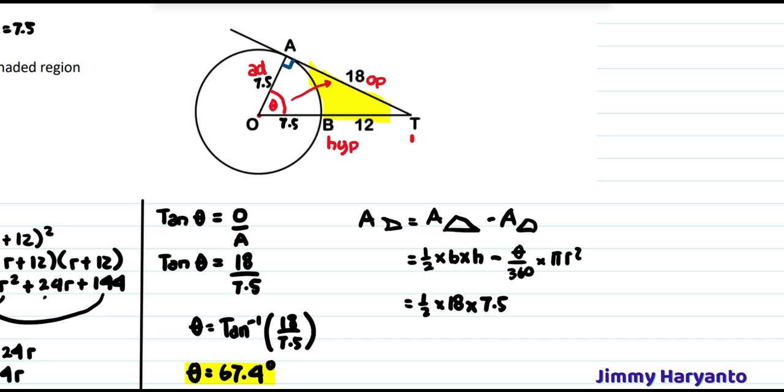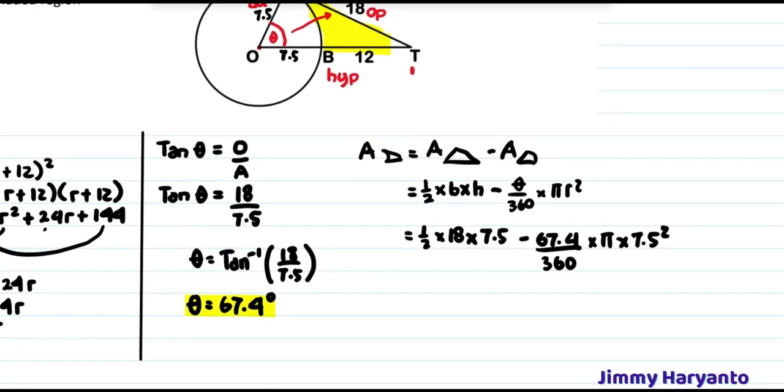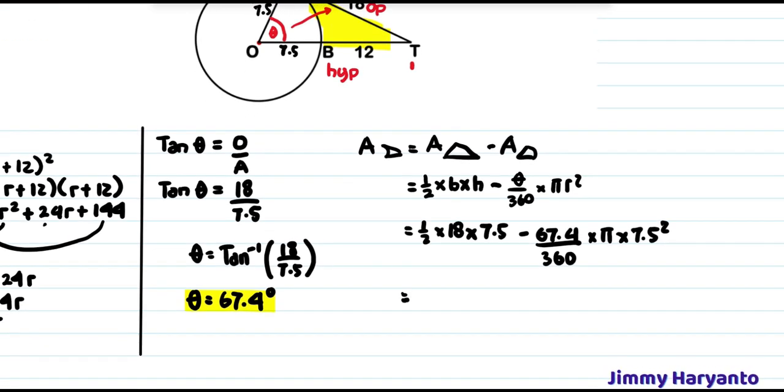Since it's perpendicular, you can use the 18 and 7.5. The theta is 67.4 over 360 times pi times the radius 7.5 square. And then just calculate this using your calculator. And the final answer is 34.4 in 3 significant figures.